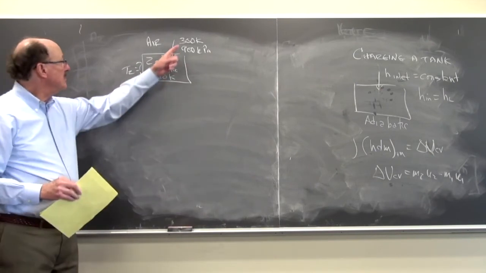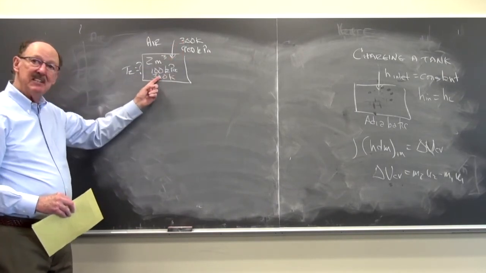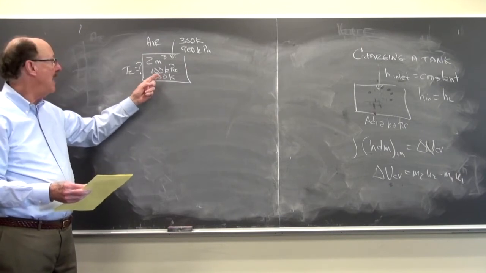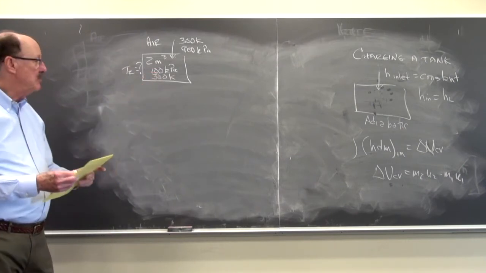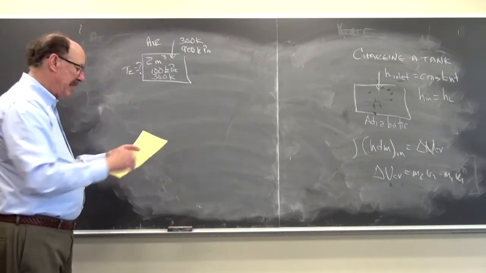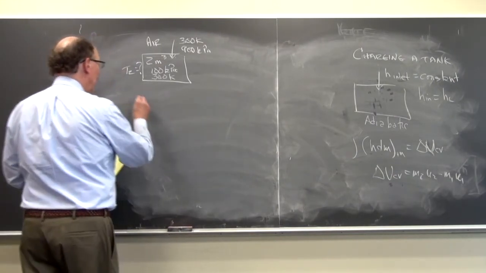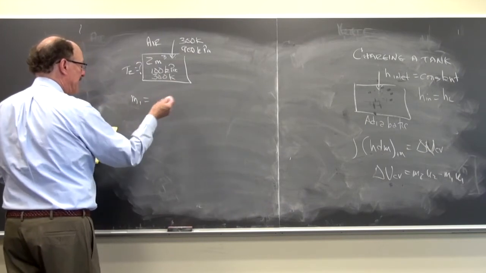I'm curious as to what that final temperature is. But isn't it interesting that I have 300 K air coming in, the tank is initially at 300 K, but the final temperature will be hotter, at a higher temperature than this. So let's see what's going on. So now we have to find the initial mass. We'll apply the equation. M1 is equal to the mass in the tank.